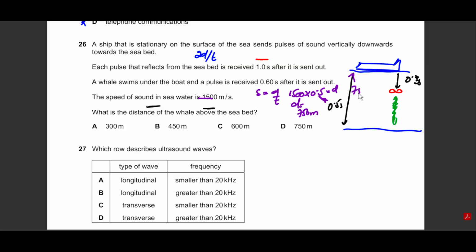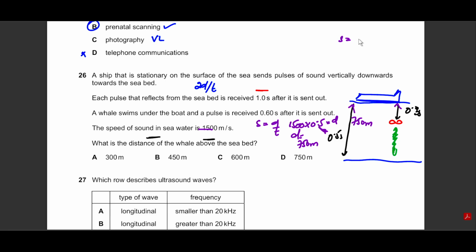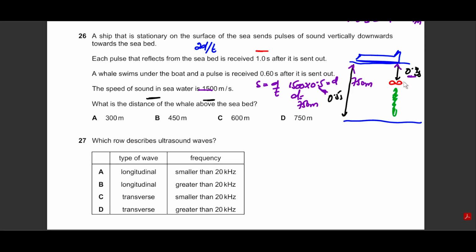What about this distance, about the whale? Again, same idea. Speed equals to distance over time. 1500 multiplied by 0.3 seconds, time for one side. The distance comes out as 450 meters. So if this is 450, this is 750, and this is very simply a subtraction of both numbers, which is 750 minus 450. This is going to come out as 300 meters.